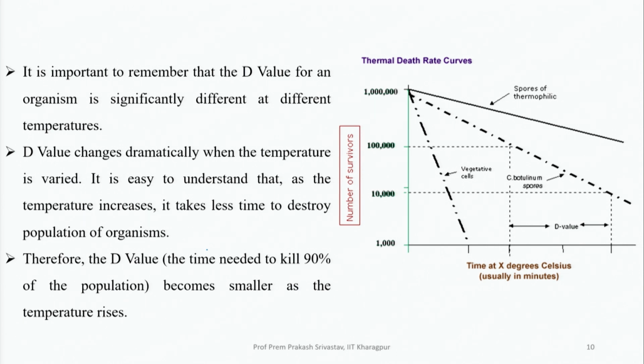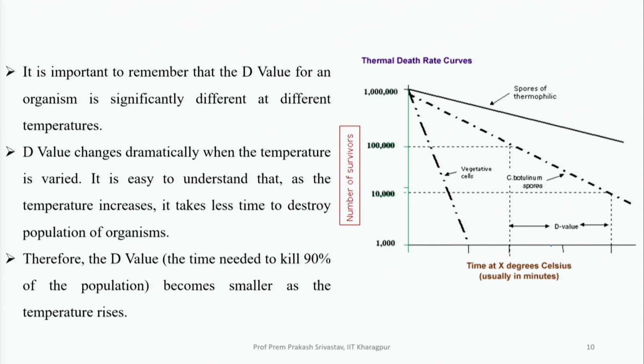Now, it is important to remember that the d value for an organism is significantly different at different temperatures, which can be seen in the adjacent graph. D value changes dramatically when the temperature is varied.